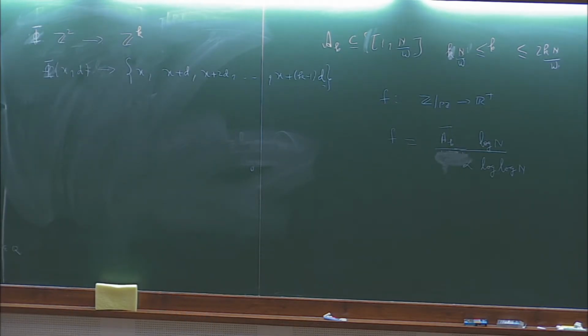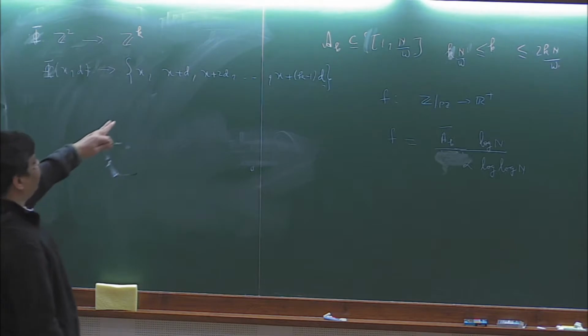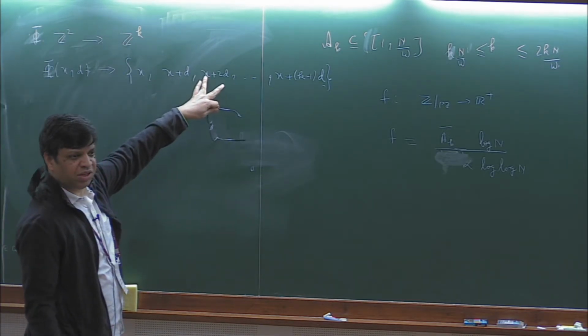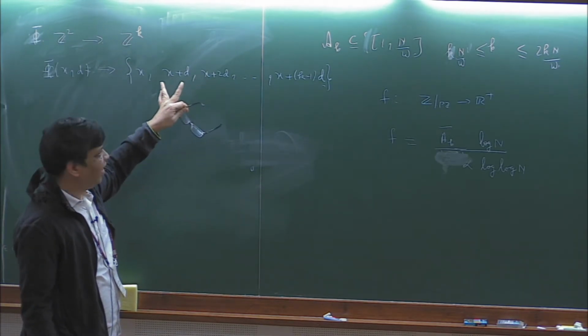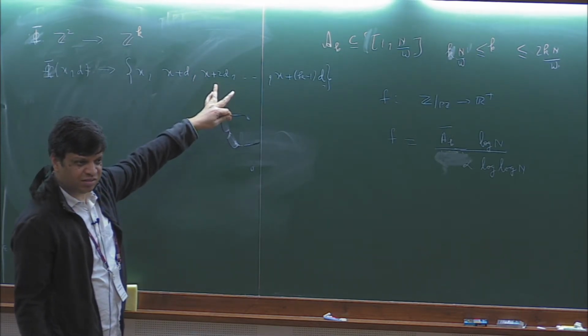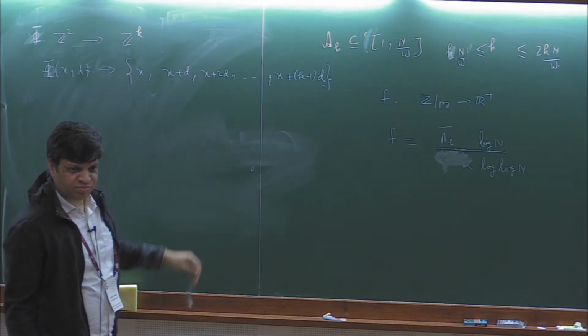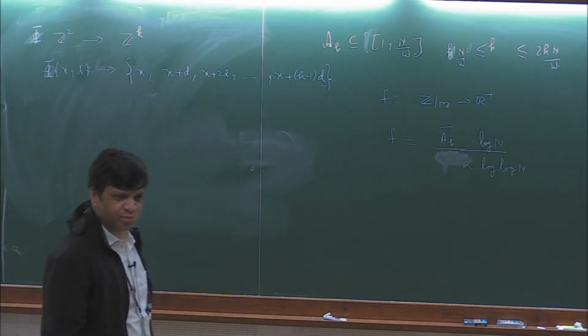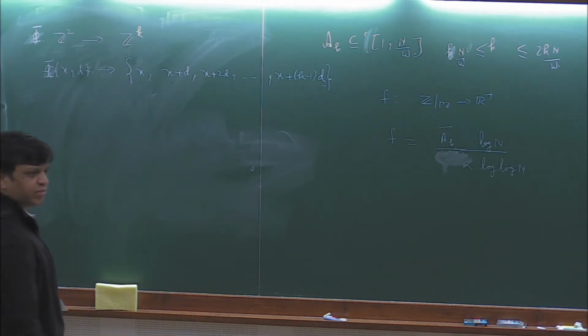This is of finite complexity, because if you take any two of them, say x plus d or x plus 2d, you cannot write one in terms of the other.